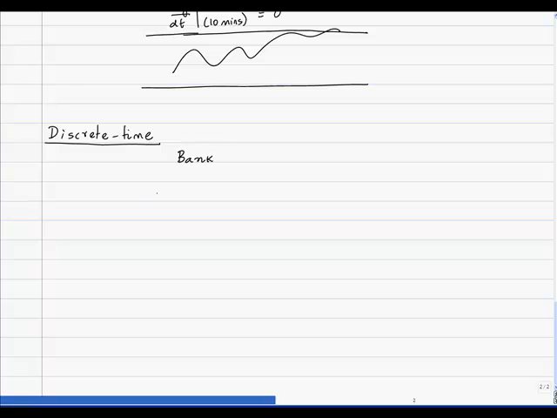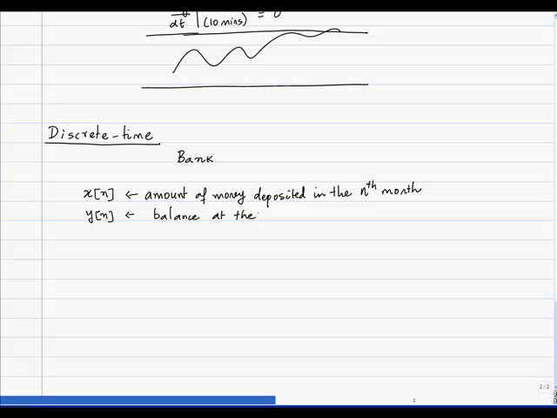Okay. Let us say that x of n represents the amount of money deposited in the nth month, and y of n says your balance at the beginning of the month.